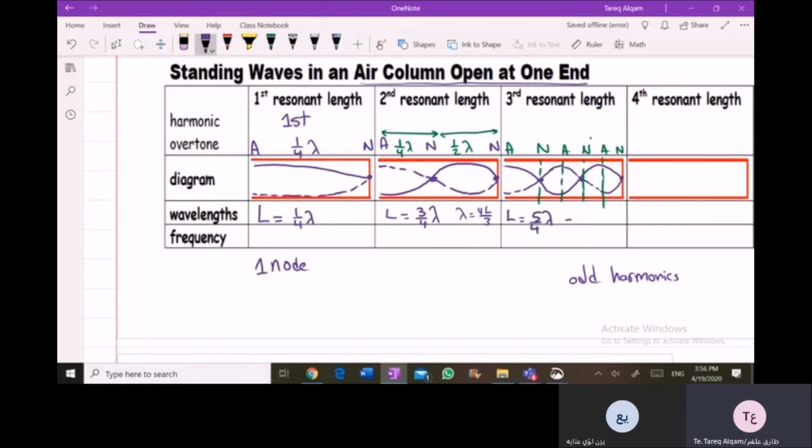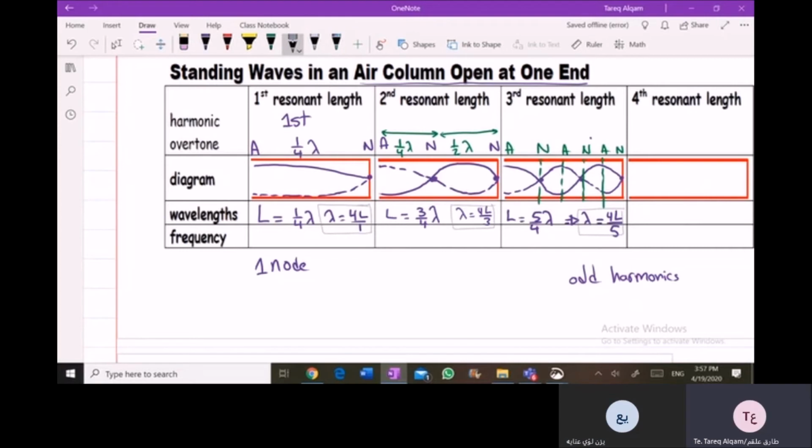So lambda equals 4L over 5. Can you find the pattern? The pattern for lambda is 4L, 4L over 3, 4L over 5. The denominator is an odd integer, right?